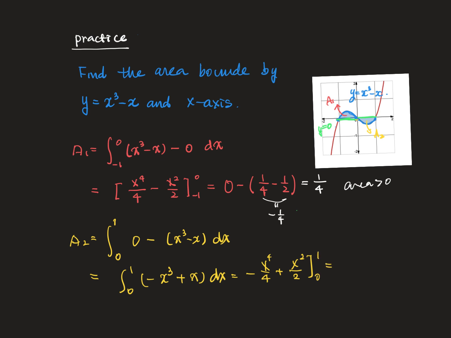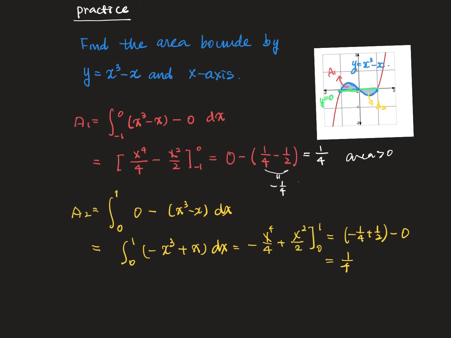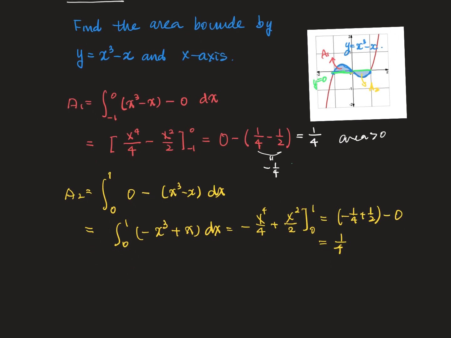When you plug in the 1: negative 1 fourth plus 1 half, and plugging in the 0 gives 0 minus 0. That's 1 over 4. So A2 is 1 over 4 and A1 is 1 over 4. We want to find the area A, A1 plus A2. A1 is 1 over 4, A2 is 1 over 4. That's 2 over 4, which is 1 half.